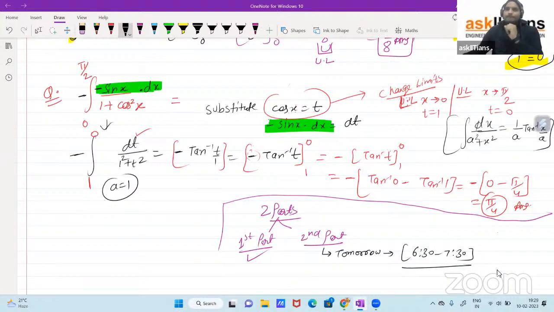In that part we will basically be doing the properties of definite integration, and tomorrow this chapter will be finished. And yes, I assure you, if you watch these 2 lectures, part 1 and part 2, you can definitely score well in this chapter in the CBSE paper.